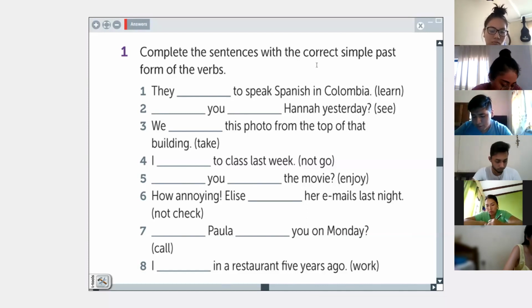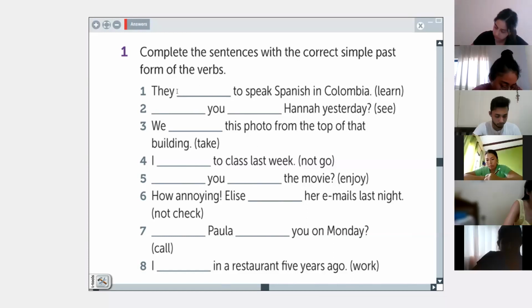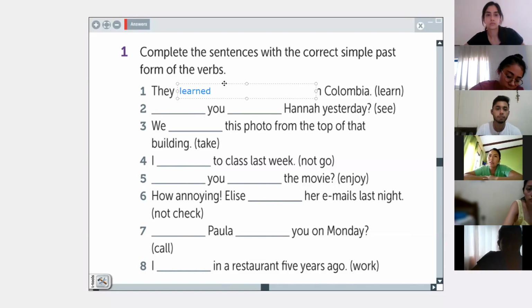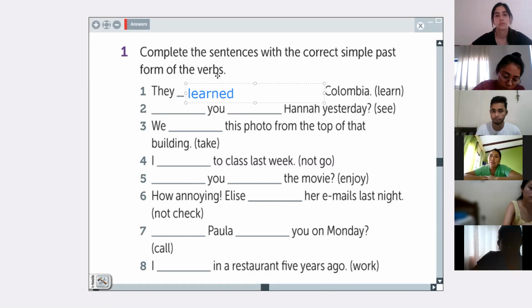Number 1. They learned to speak Spanish in Colombia. Okay. Tell me, Alexander, when do we need to pronounce the ED at the end? ¿Cuándo necesitamos pronunciar la ED al final? ¿Recuerda?